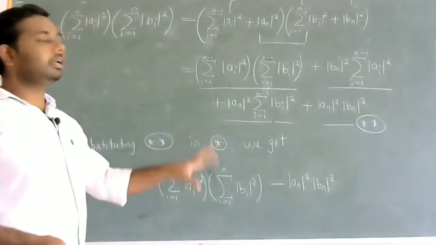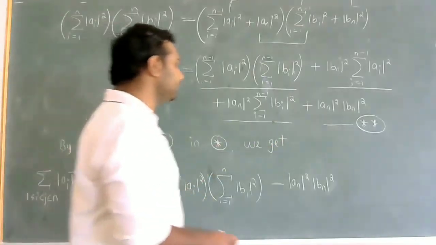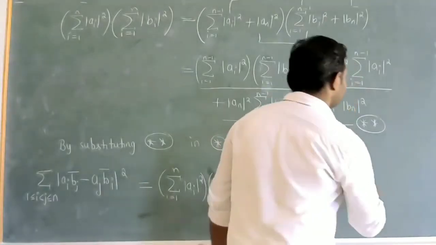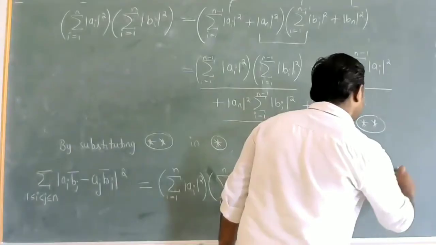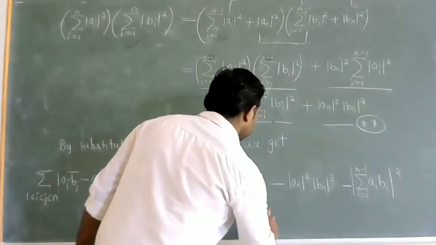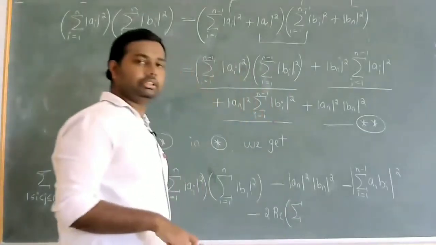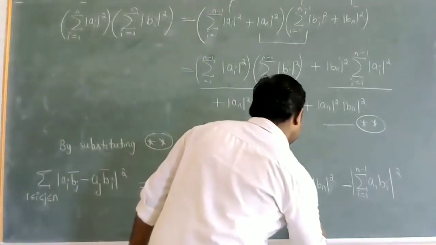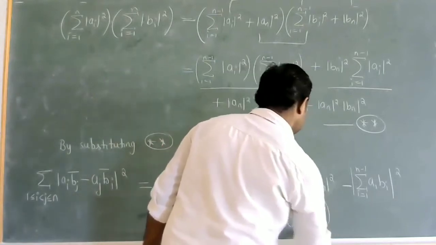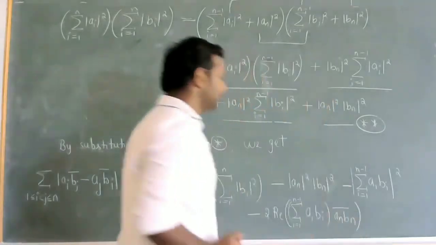Now write the remaining terms of the right hand side in equation star as it is. So the remaining terms are minus modulus of summation ai bi whole square, i running from 1 to n minus 1, minus 2 into real part of summation ai bi, i running from 1 to n minus 1, into an bn whole bar.